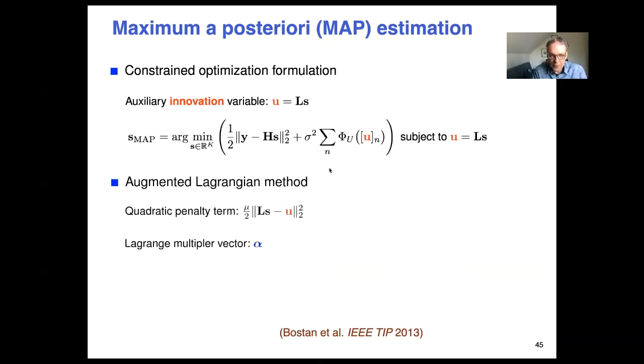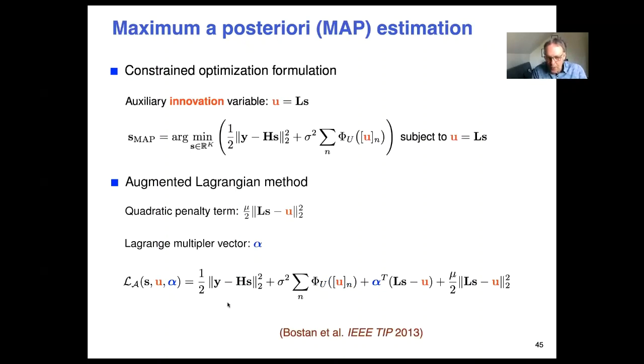And then the trick is to use augmented Lagrangian. So we create this auxiliary variable u, but try to force u to be equal to Ls. That you can do by adding a term like that, and also if you add Lagrange multipliers. In fact, the official way to do it is called the augmented Lagrangian and goes with the very famous ADMM algorithm.